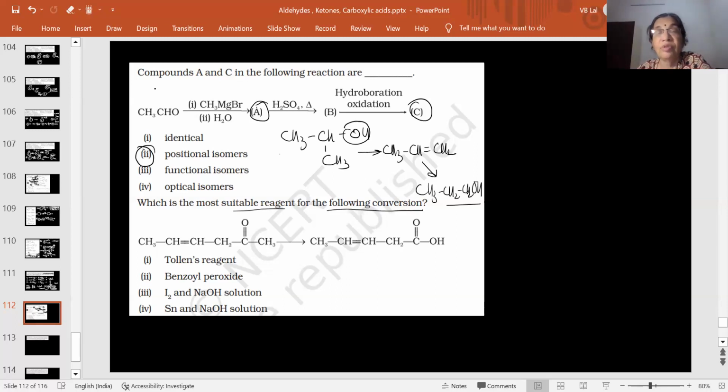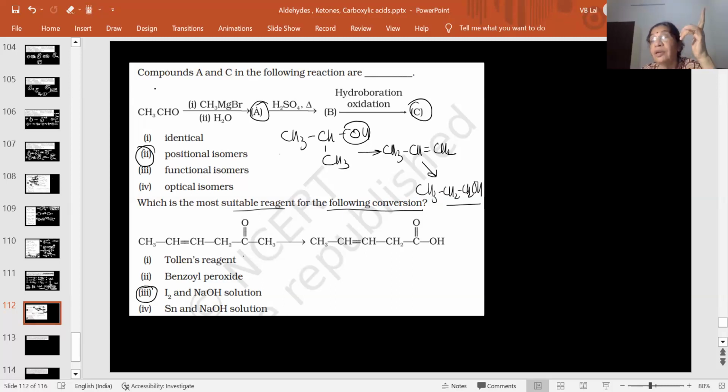In this conversion, what have I done? Benzoyl peroxide. So most suitable reagent is iodine and NaOH.